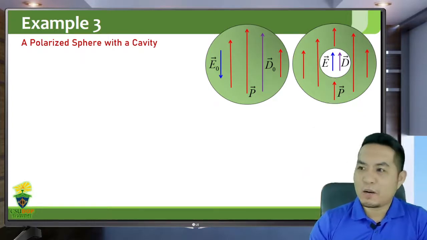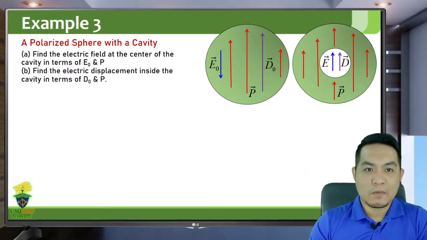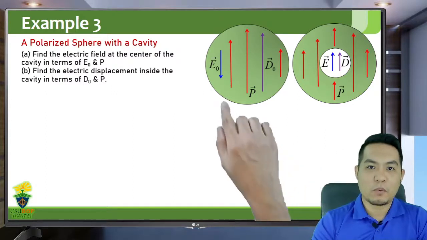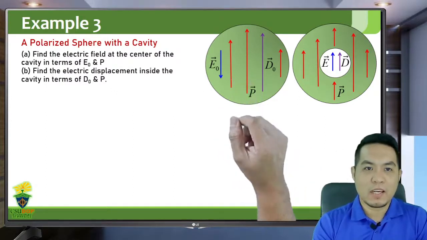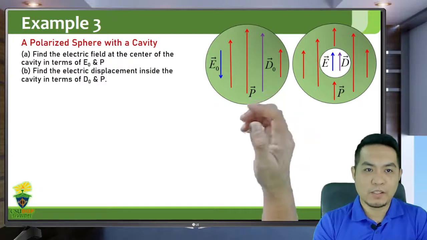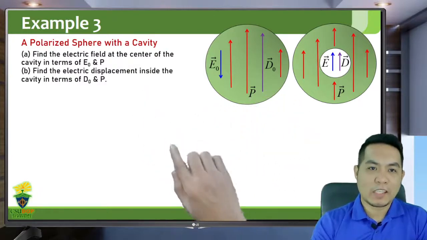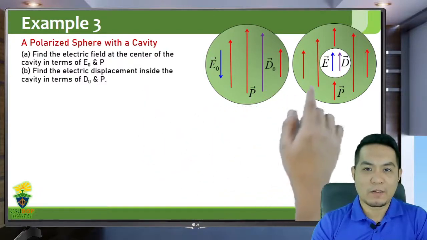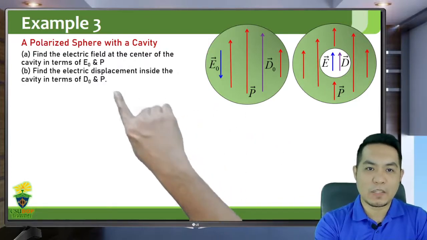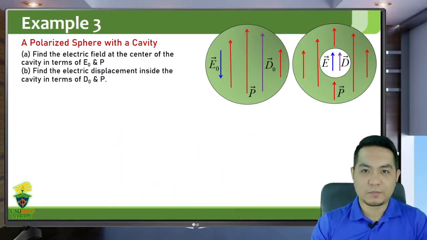So the question now is, find the electric field at the center of the cavity in terms of the original electric field and the polarization P. And for letter B, find the electric displacement inside the cavity in terms of the original displacement and the polarization.